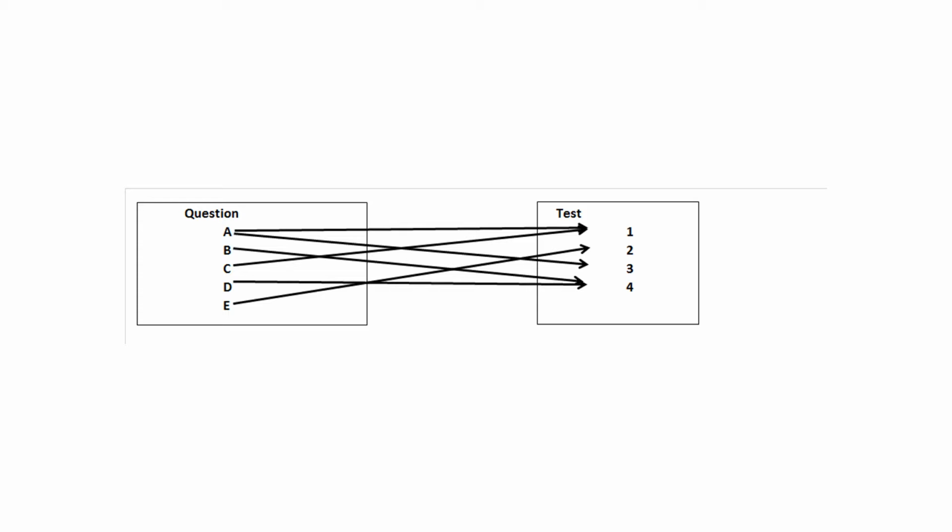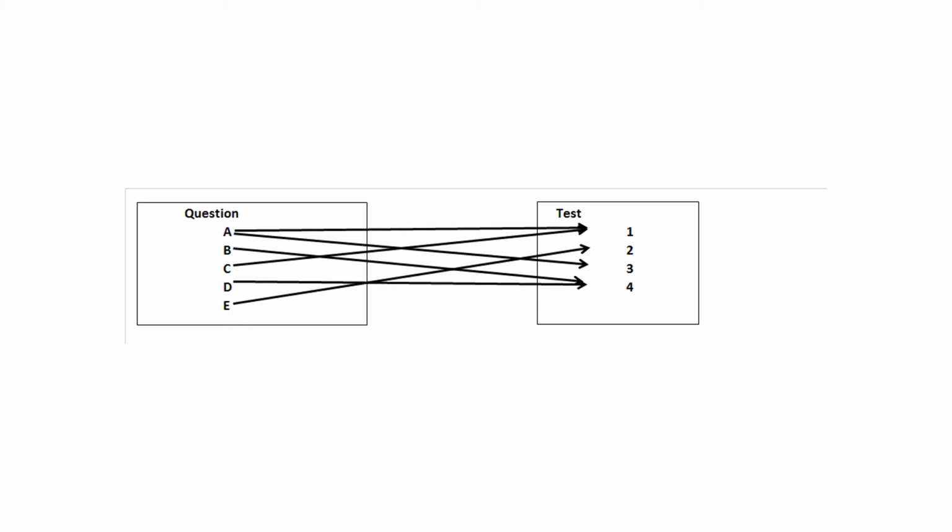In this example, x represents questions, and the set y are various tests. So the questions are A, B, C, D, and E, and the tests are 1, 2, 3, and 4. And we're asked, does this represent a function?